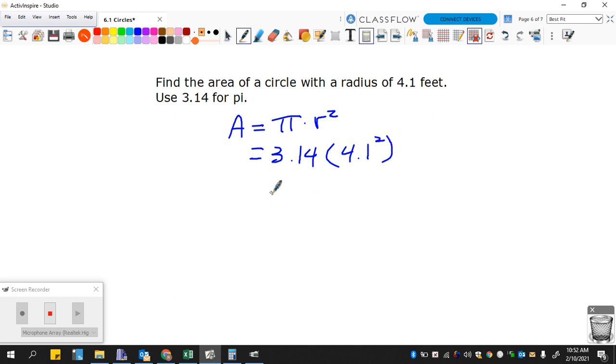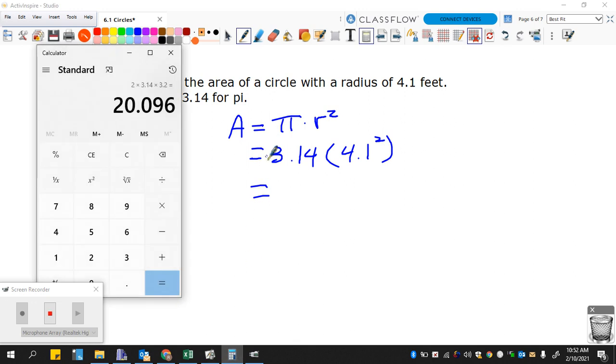All right. I've got the squared button here on your graphing calculators. You guys have a squared button. Make sure you use it.